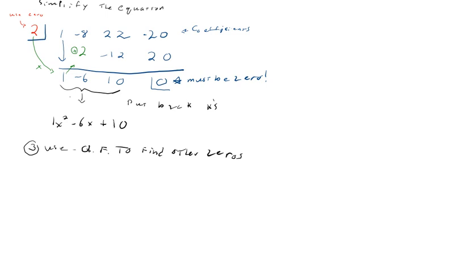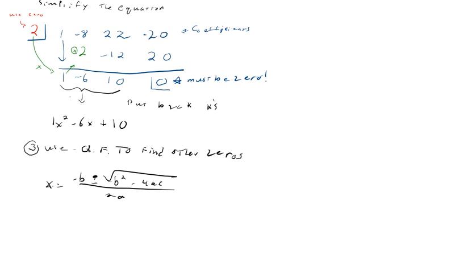I know that a is 1, b is negative 6, and c is 10. So I just take those and plug them into my quadratic formula.